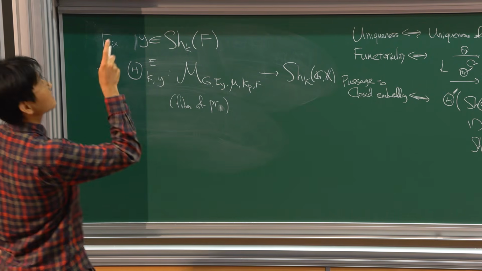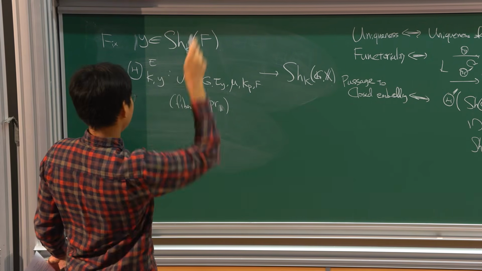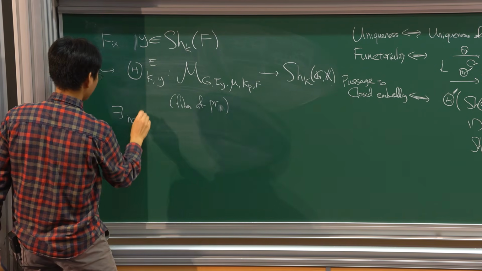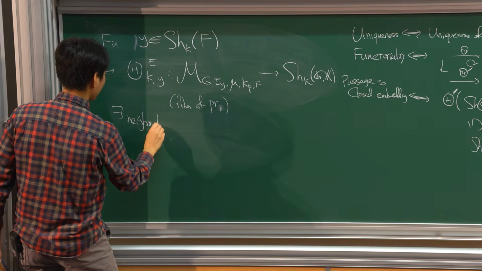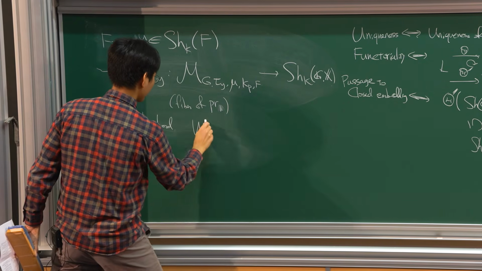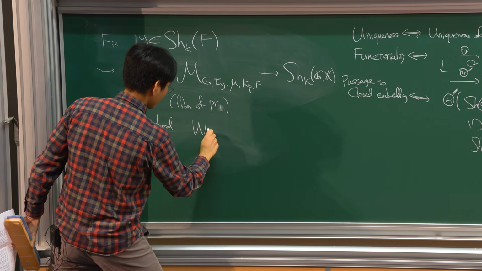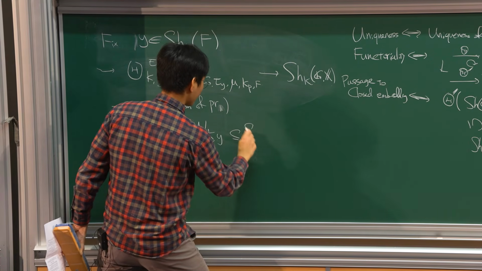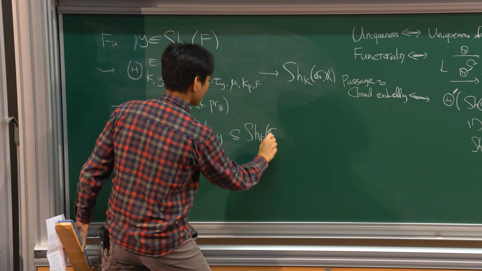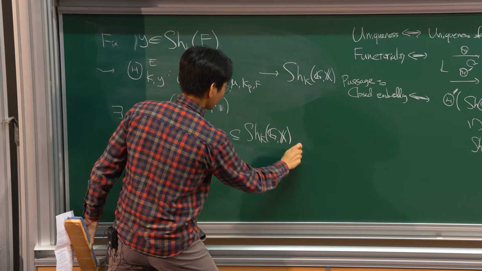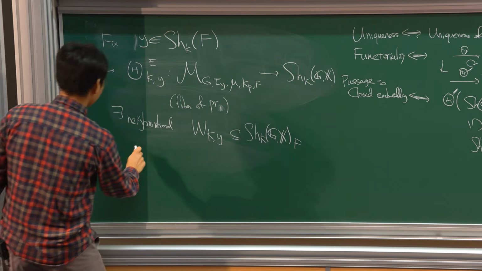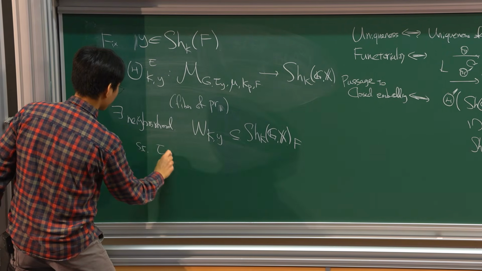Now, using this theorem, there exists a neighborhood W_{K,y} inside Shimura variety at level K base change to F such that tau is trivialized.